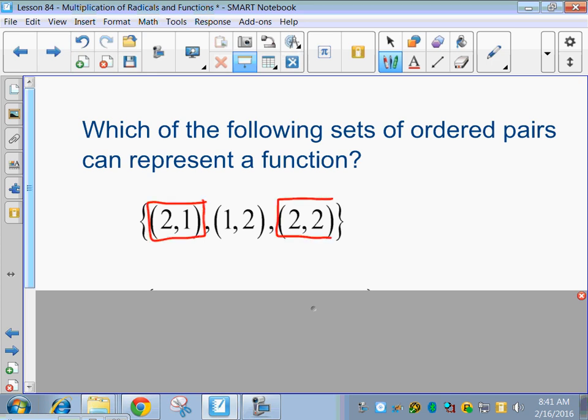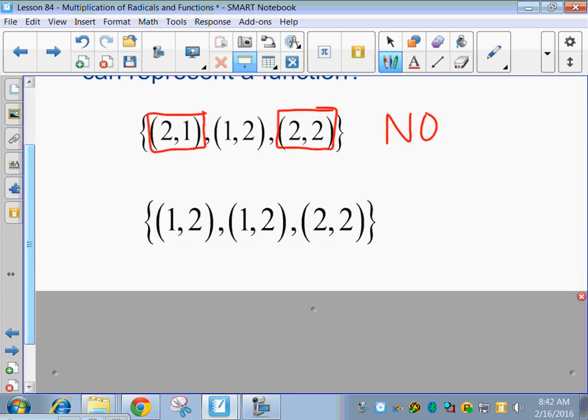I plugged in 2, and I got 2. Problem, right? So you can't plug one thing in and get 2 different things out. So, is this a function? Nope. Okay? So circle the points that make it a no so you guys know why. We plugged in a 2, and we got a 1 and a 2. Impossible.